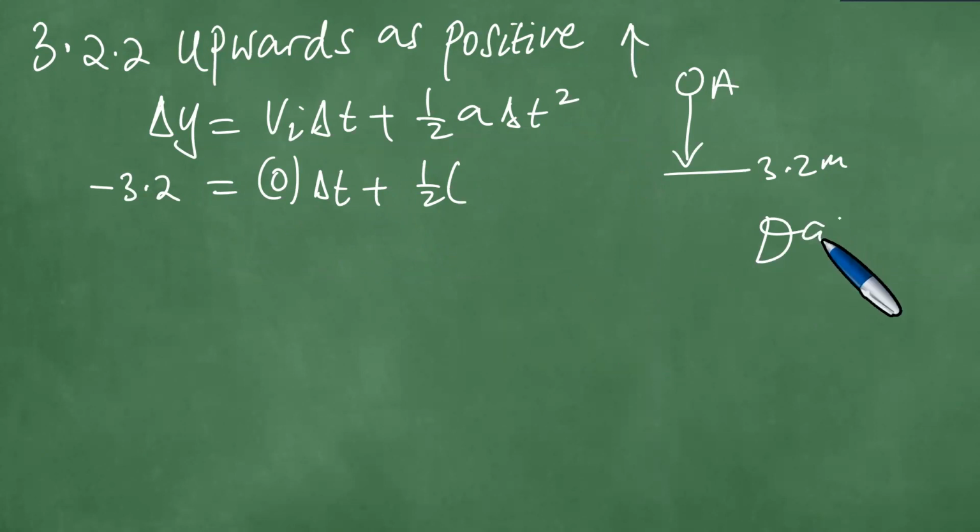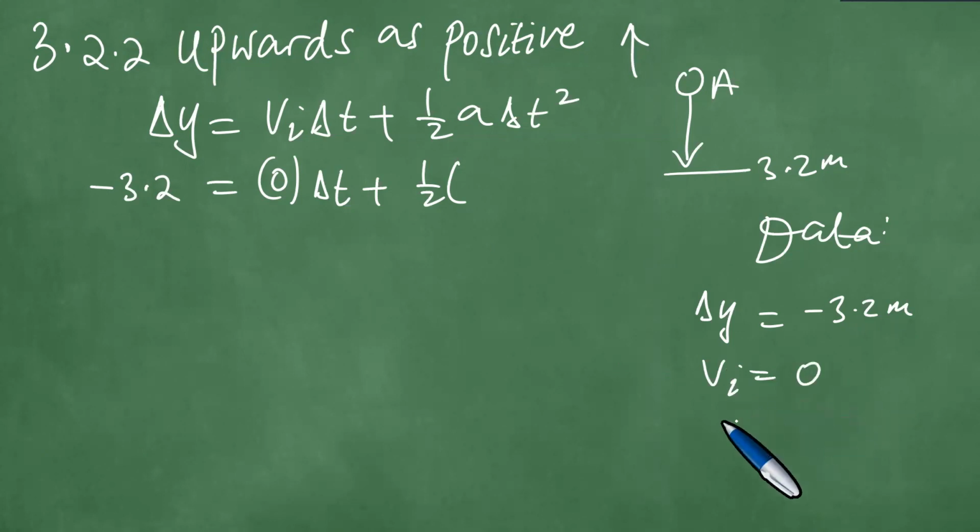All right, so if you had to write down some data, delta y is minus 3.2 meters, VI is 0, A is minus 9.8 meters per second squared.